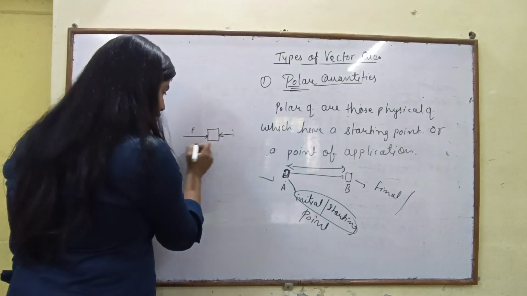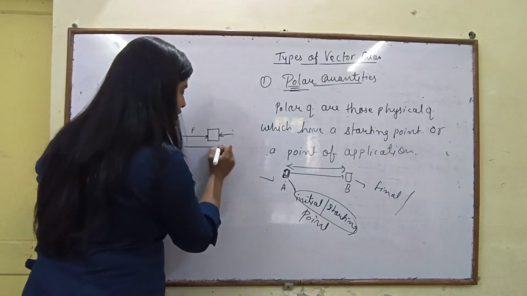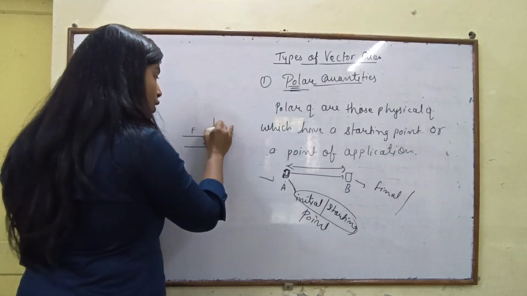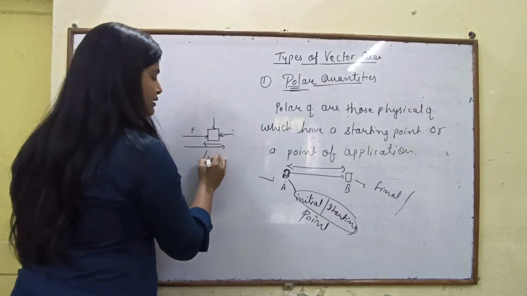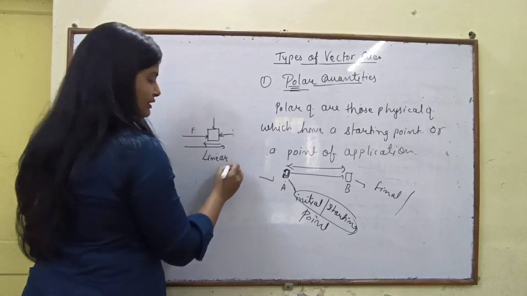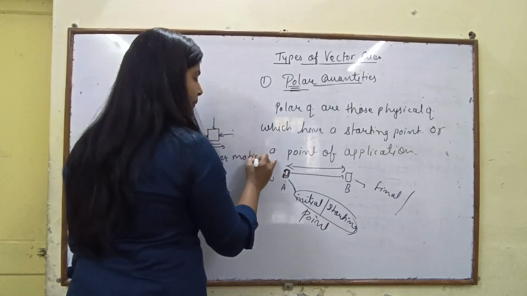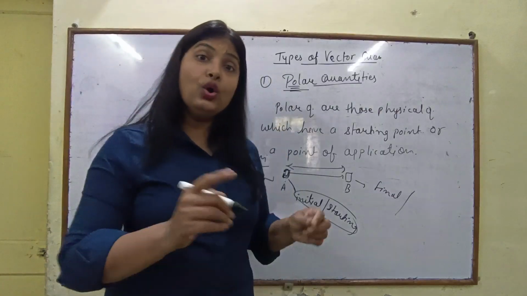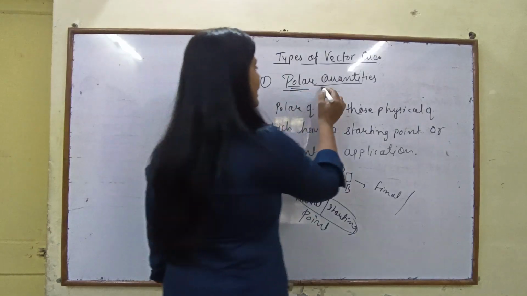So the box moves in east or west, any direction. So the box is also in linear motion when it starts moving. So when we discuss linear motion, all the physical quantities are polar quantities.